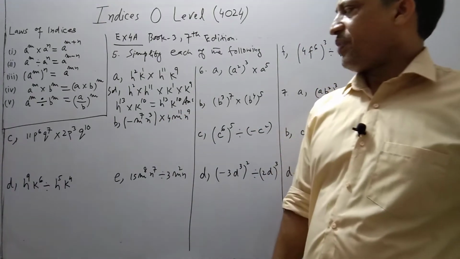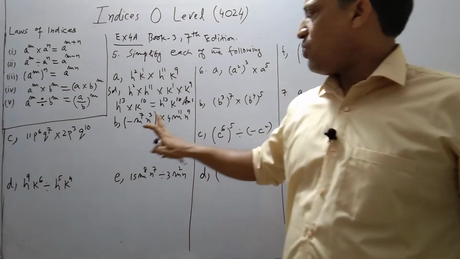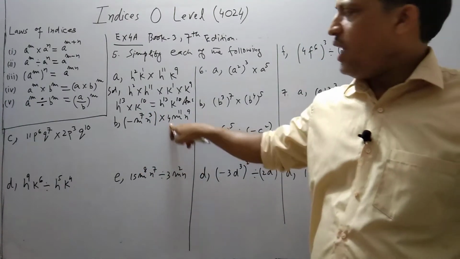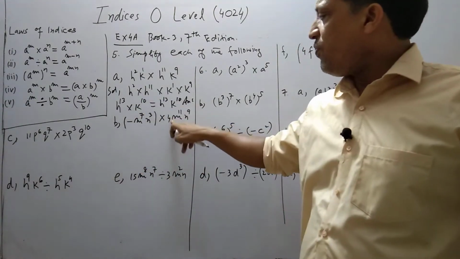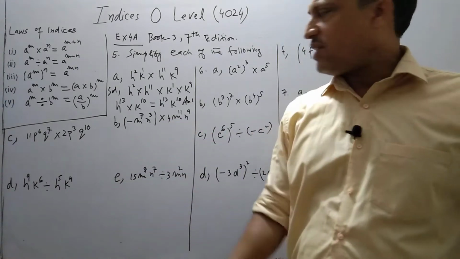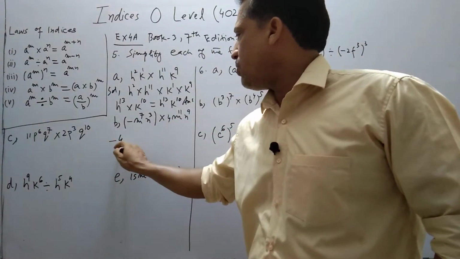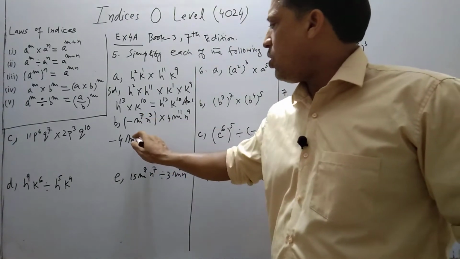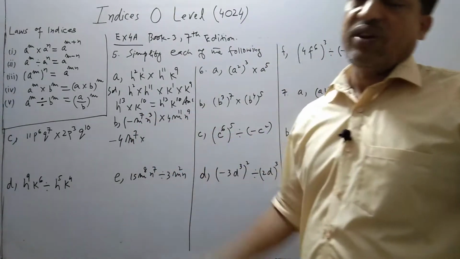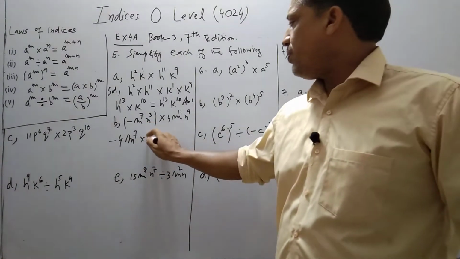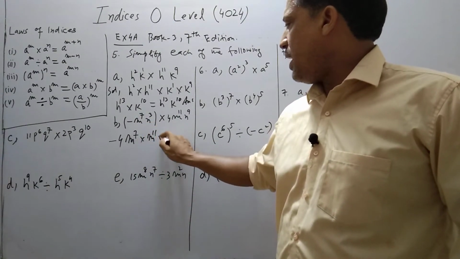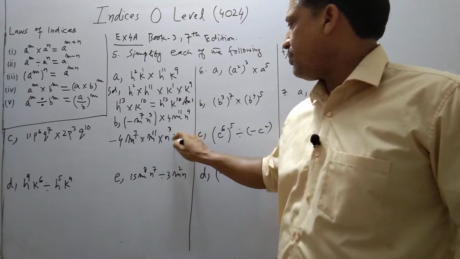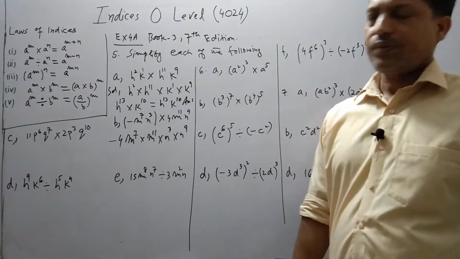So apply first law. First you have to write this is 4, this is minus sign. So if you multiply 4 by minus sign, you will get minus 4 m. This is power 7. Okay, first you have to write m and n together like this.